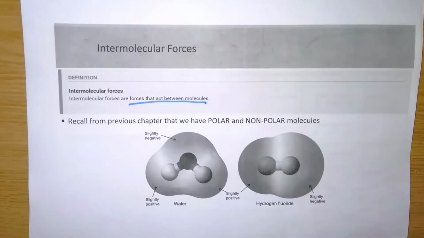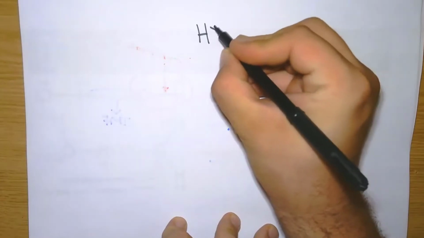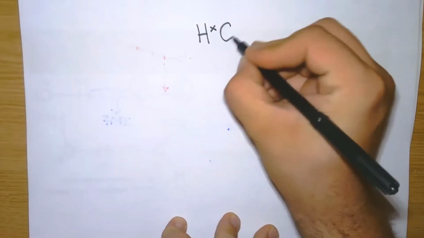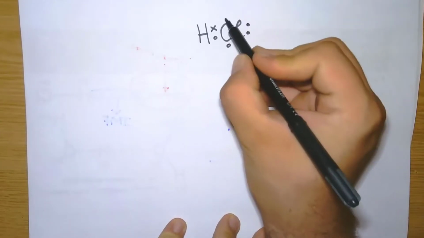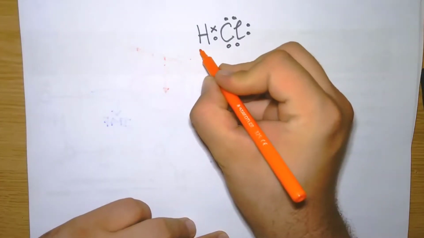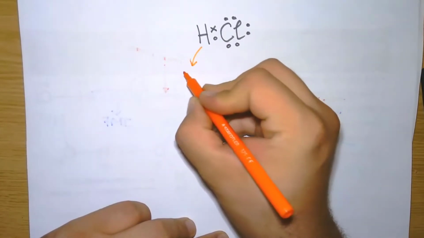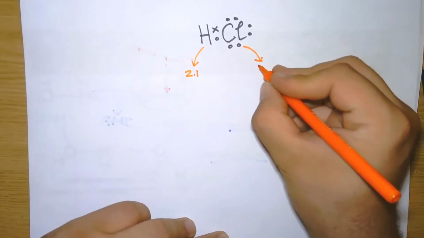From previous work you can remember when we took a look at polarity, let's use hydrochloric acid as an example: hydrogen with one valence electron, chlorine with 1, 2, 3, 4, 5, 6, 7. If we look at their electronegativities on the periodic table, the electronegativity of hydrogen is 2.1 and the electronegativity of chlorine is 3.